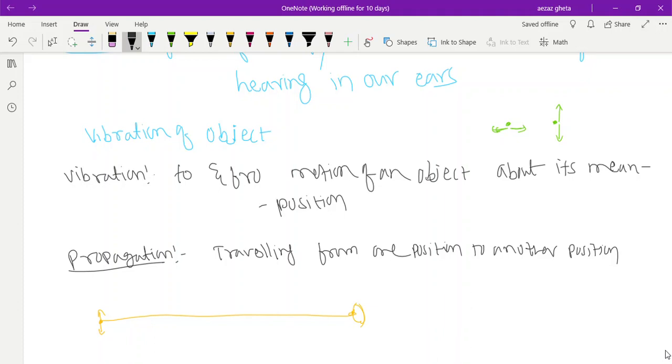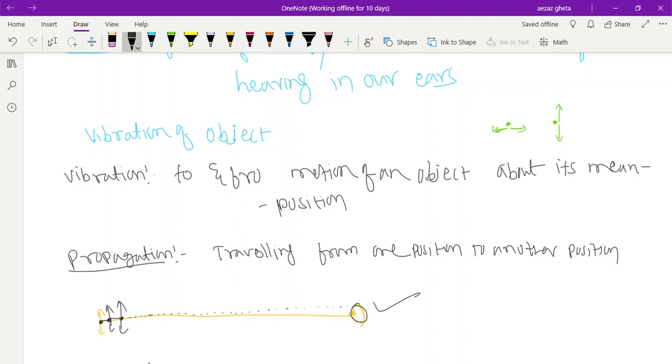This particle will transfer its vibration to the neighbor particle, and this will transfer its vibration to another particle. Like this, the particles are transmitting their energy, and finally the energy reaches us by particle motion only. So this is the propagation of sound waves.